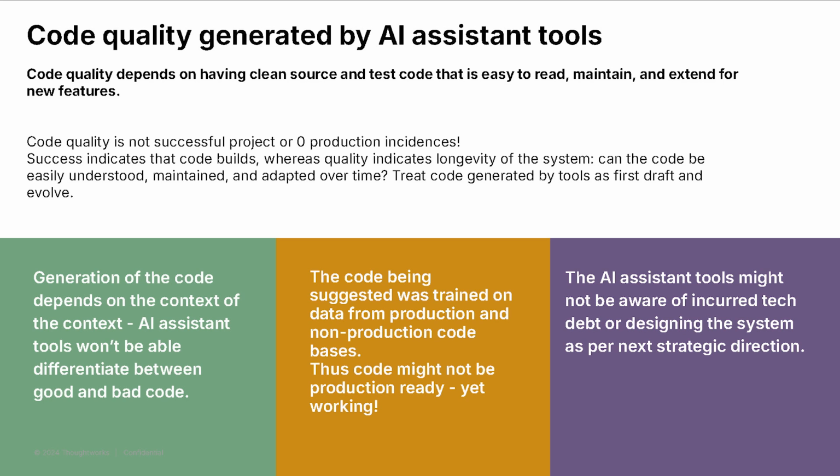So how is the code quality generated by these AI assistant tools? Remember, it learns from patterns and takes the context into the picture. So if you own some legacy repo that has bad code, it will learn from that pattern and generate bad code. And if you're a human being who just goes into the mode of Alt+Enter, accepting everything, thinking that Copilot is correct, you will probably end up generating bad code.